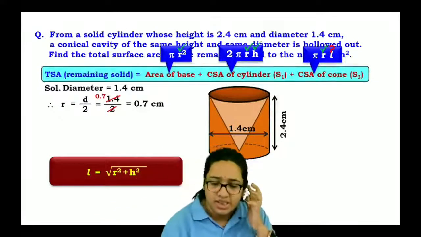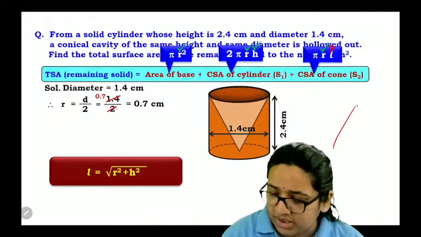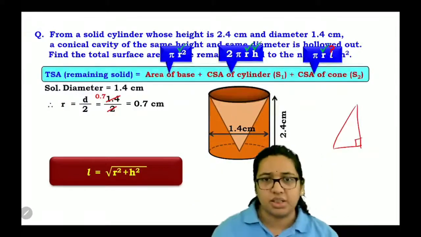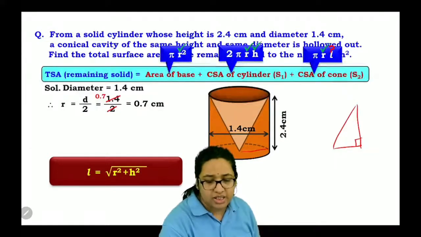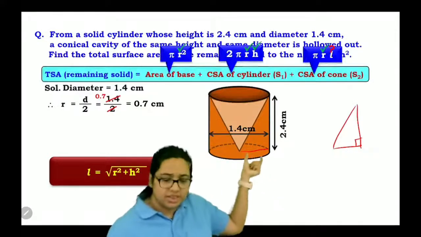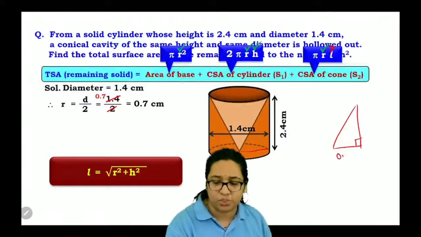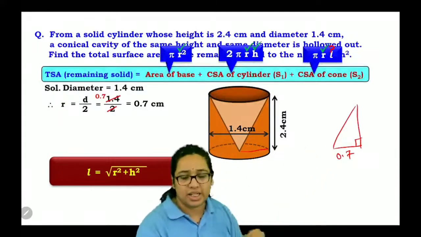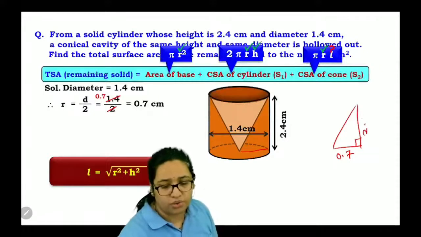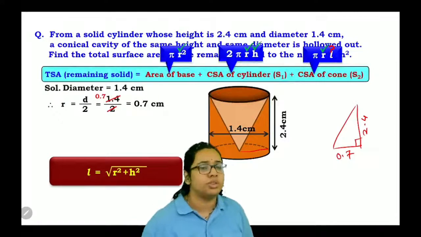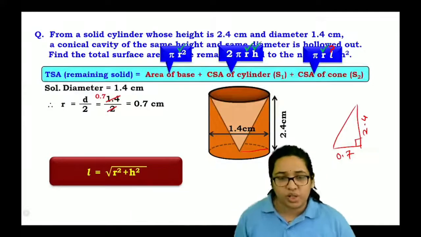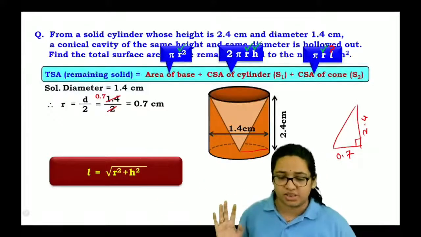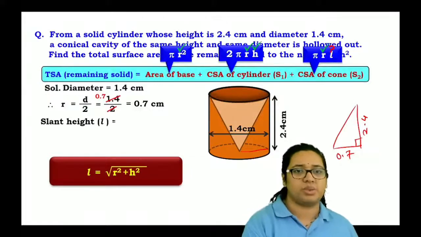You can easily say that it is nothing but a right angle triangle, where the first side is the radius of this cylinder, which is given as 0.7, and this side is given as 2.4 centimeters. So using the Pythagoras theorem, L is the square root of r square plus h square.